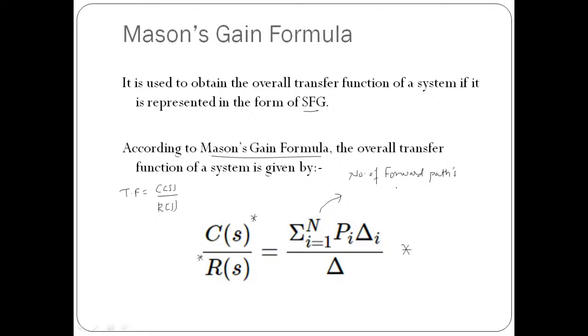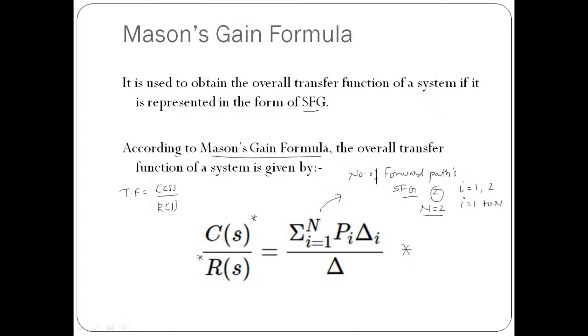So first of all, we need to identify in a given signal flow graph how many forward paths there are. Suppose in the given signal flow graph the number of forward paths is 2, then the value of n is going to be 2. That means to obtain the transfer function of that system via signal flow graph, we need to vary i up to 2, that is 1, then 2, because i varies from 1 to n.